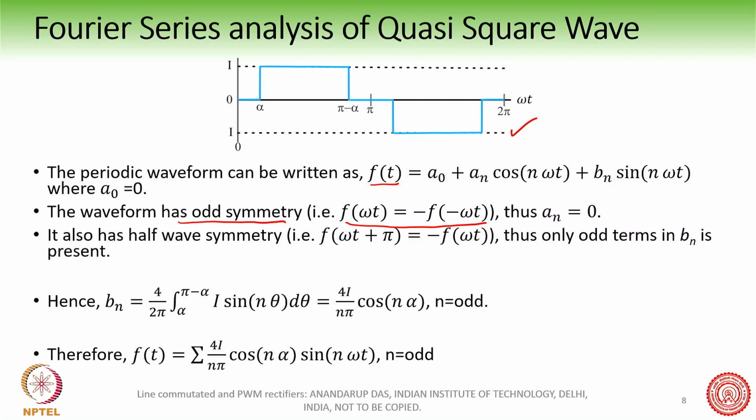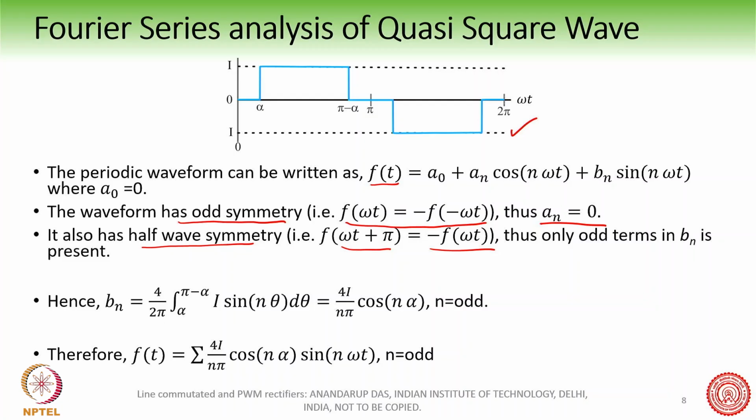When you have this odd symmetry, the an terms vanish. If you have forgotten these things, kindly recall them from your basic mathematics course. This waveform also has half wave symmetry, which means that f of omega t plus pi is minus f of omega t.